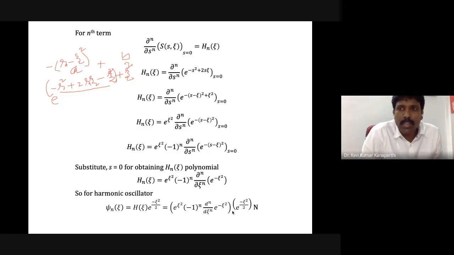Those are obviously the case, but the square integrability is something we have to work out, and from it we can obtain what N is. N is nothing but the normalization constant of the wave function. So this normalization constant we shall calculate in the next class. Thank you for listening.